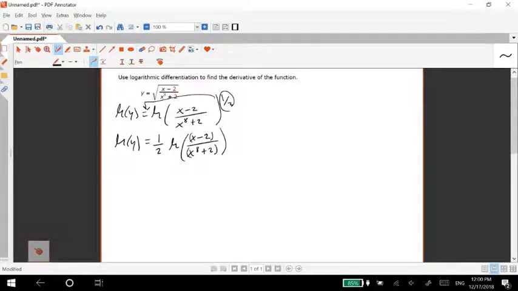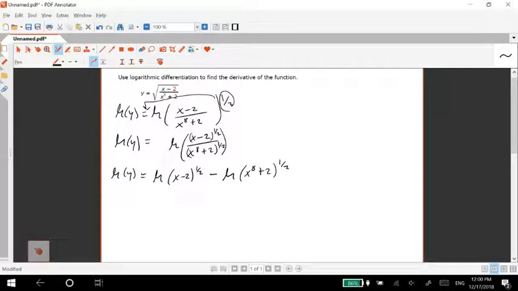Then we know from more log rules that we can split this up. Let's bring the 1/2 power back in there, because I think this is going to make our life easier. Now we have ln of (x minus 2) to the 1/2 minus ln of (x to the 8th plus 2) to the 1/2.